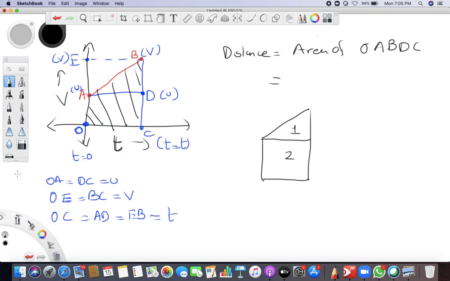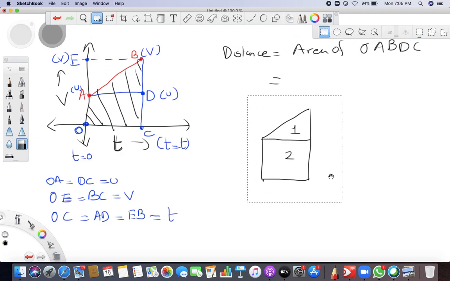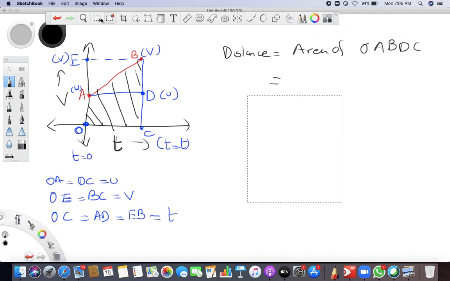Fine. So we will use the same thing here. We are going to divide this figure into two. Remember, we used to find the area in that way.